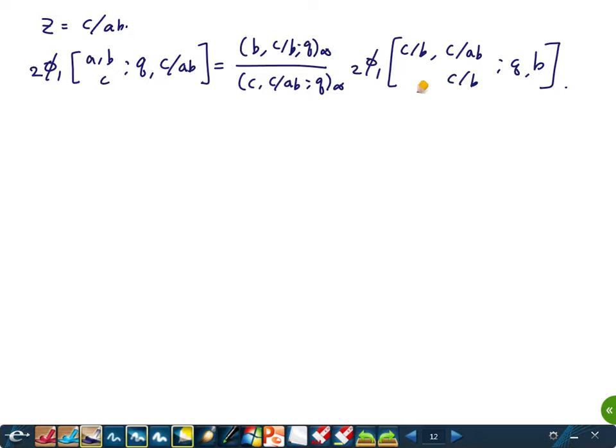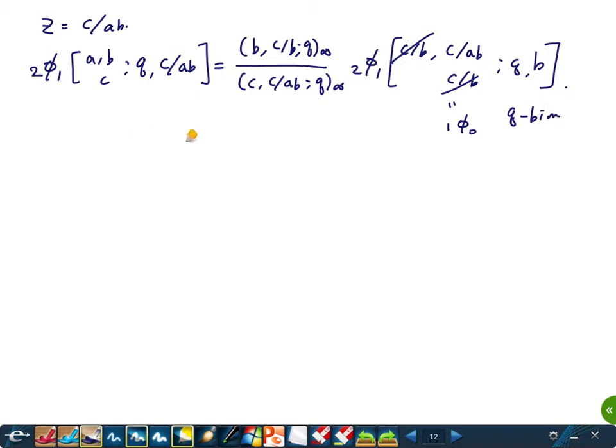What's nice about this is that you have the same thing here and here. If you have the same thing, you can cancel this because they represent the same factor. And then you can reduce this by 1 and 1. So this part becomes 1 phi 0, right? But 1 phi 0 is always summable, so it's always a product. Here you use the Q binomial theorem.